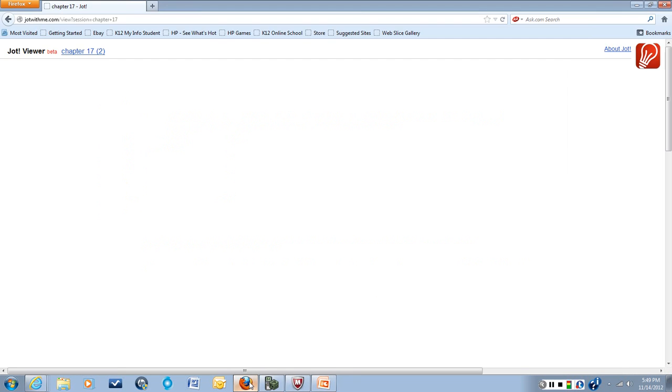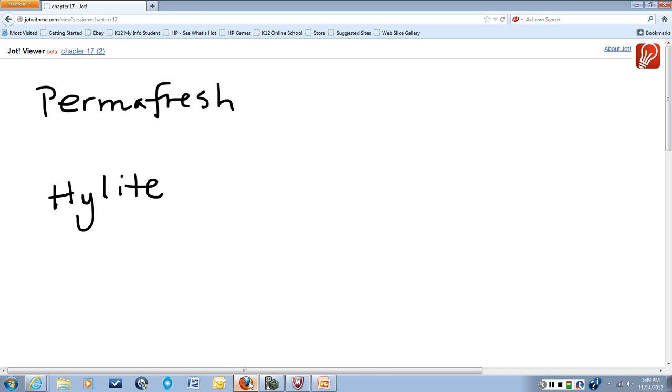Okay, so the mean for Permafresh and the mean for Highlight. We are going to calculate both of those on the calculator. So we'll do an X bar and an S for both of those on our calculator.